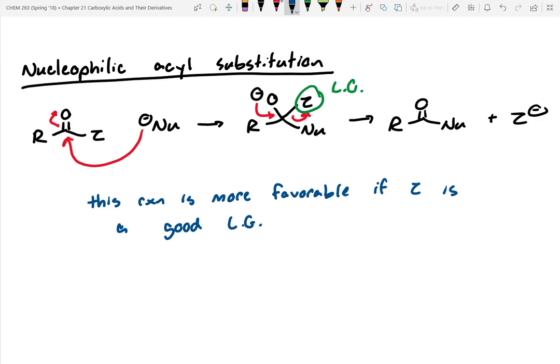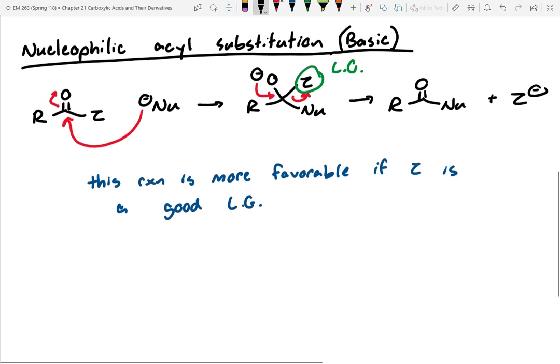Does that make sense? All right, this first one though, do you think it's under acidic or basic conditions if our nucleophile has a negative charge? Basic, absolutely. So this first one we're looking at typically is done under basic conditions because you want your nucleophile to have a negative charge. Occasionally it's run under neutral conditions with a good nucleophile that's still negative under neutral conditions.